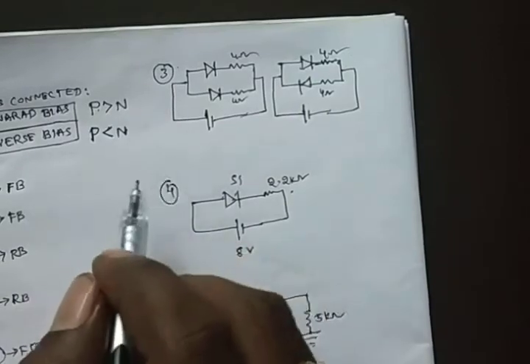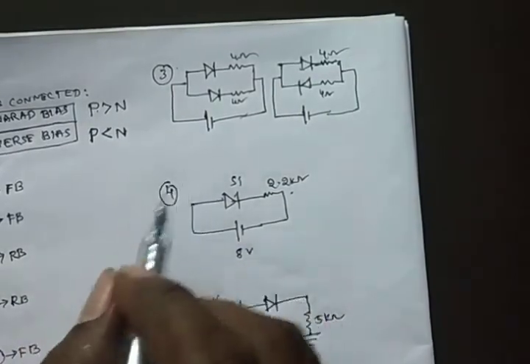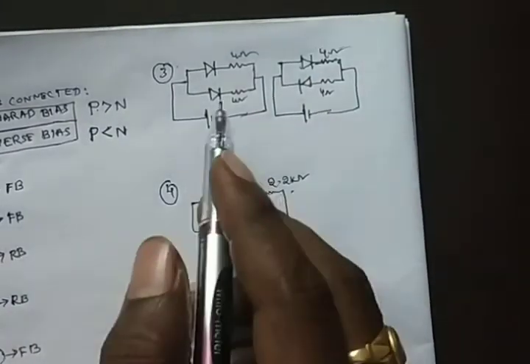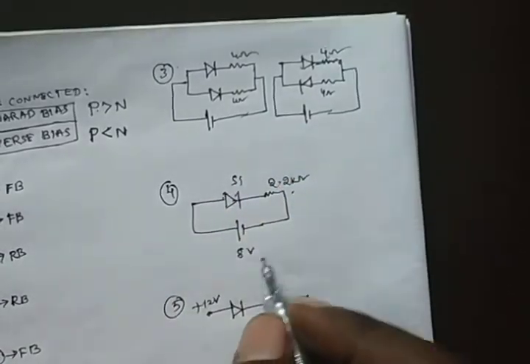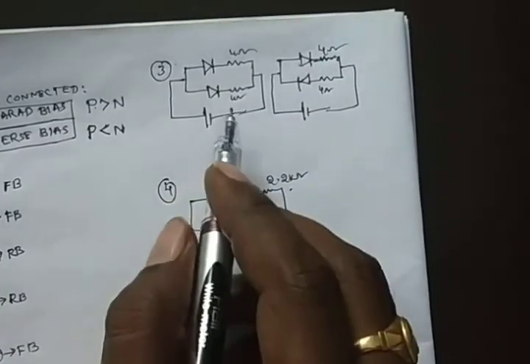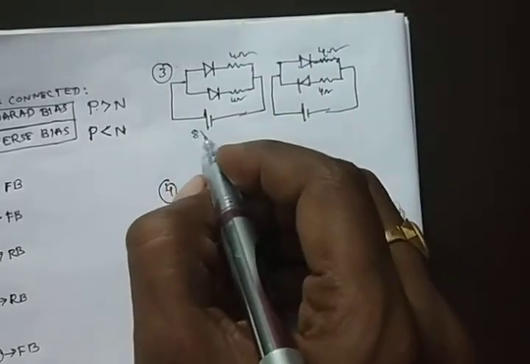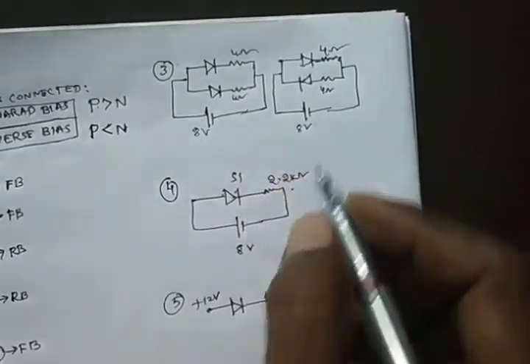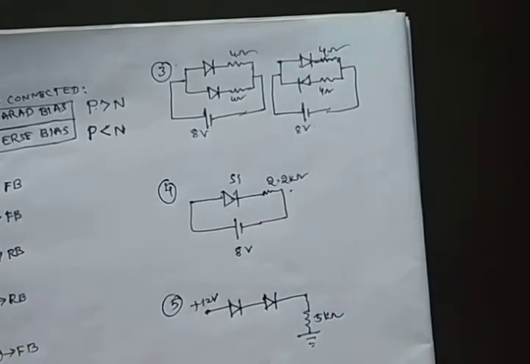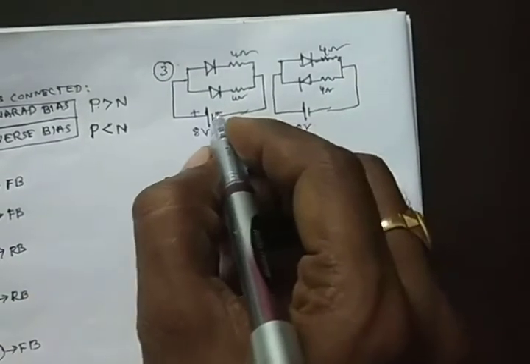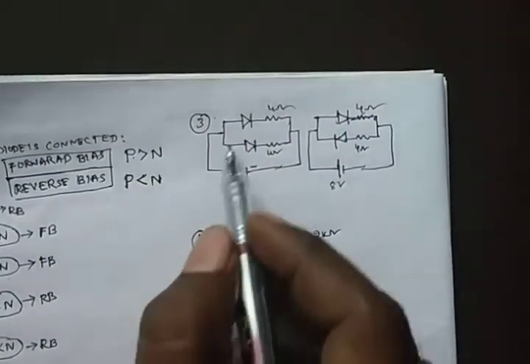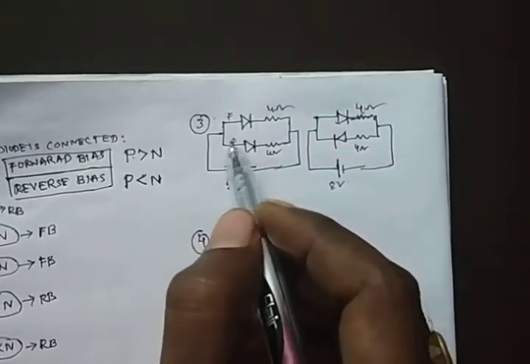See here, how much amount of resistance is in this circuit, or otherwise if it is 8 volt, then how much amount of current will pass through the circuit. See, this is the plus, this is the minus. This is the P side and N side.